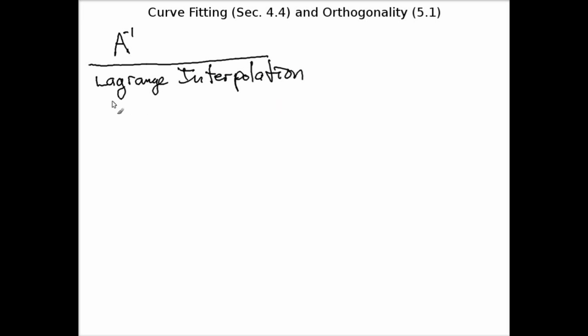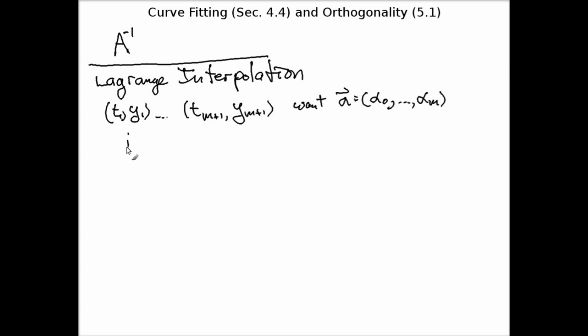And so I'll remind you that what we're given is these points t1, y1 to t m plus 1, y m plus 1. And we're looking for a vector alpha such that when you let f of t be this polynomial, then this satisfies f of ti is equal to yi.